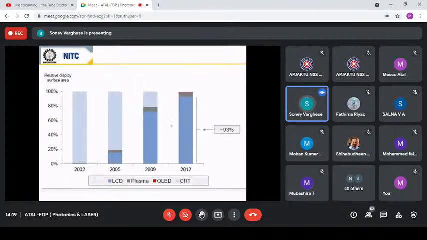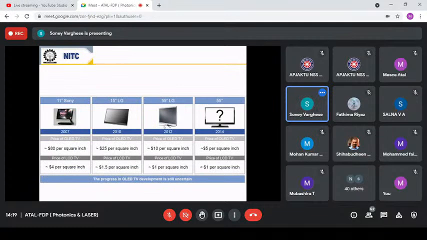And surface area, I already told you, we have a huge requirement for flat panel displays. And if you look at the cost also, it is around $5 per square inch for OLED-based TVs, whereas for LCD-based TVs it's only $1 per square inch.